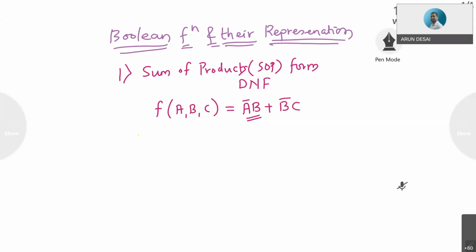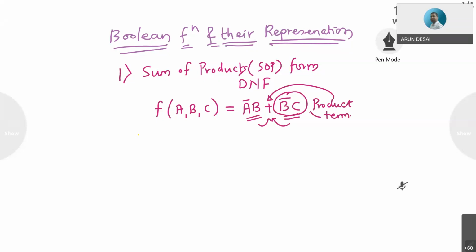Separate variables are ANDed, and those terms are ORed, right? Those terms are called product terms.